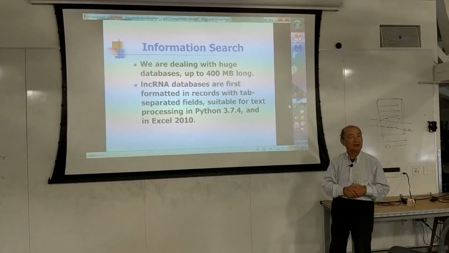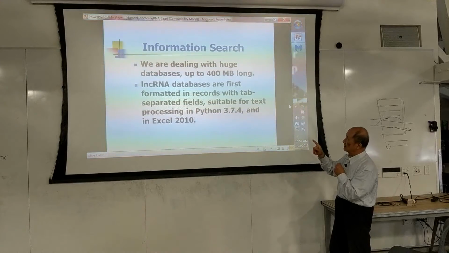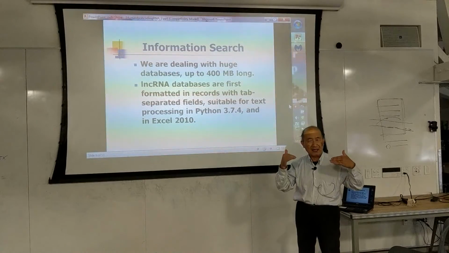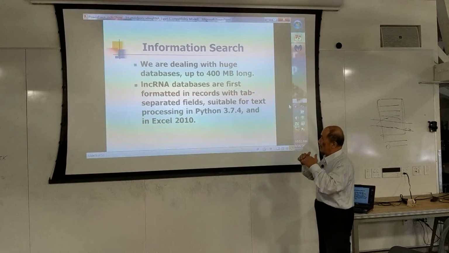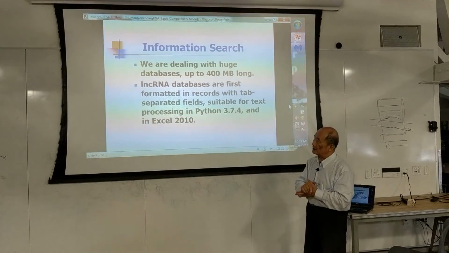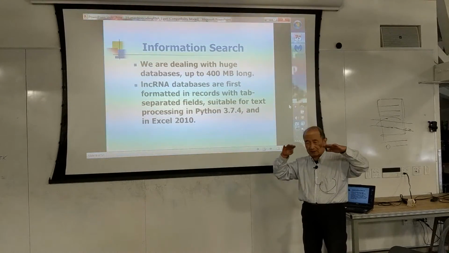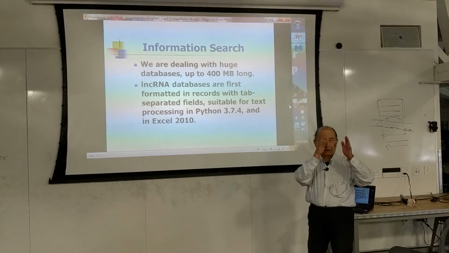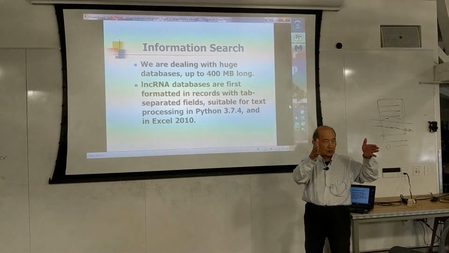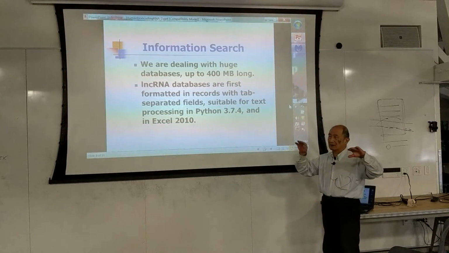So I reformatted this into records that I can handle conveniently. For every gene, every separate entity in the long non-coding RNA database, I build records. The records have two fields. The first field is the name. I just extract a short name, a character sequence that can identify this RNA.